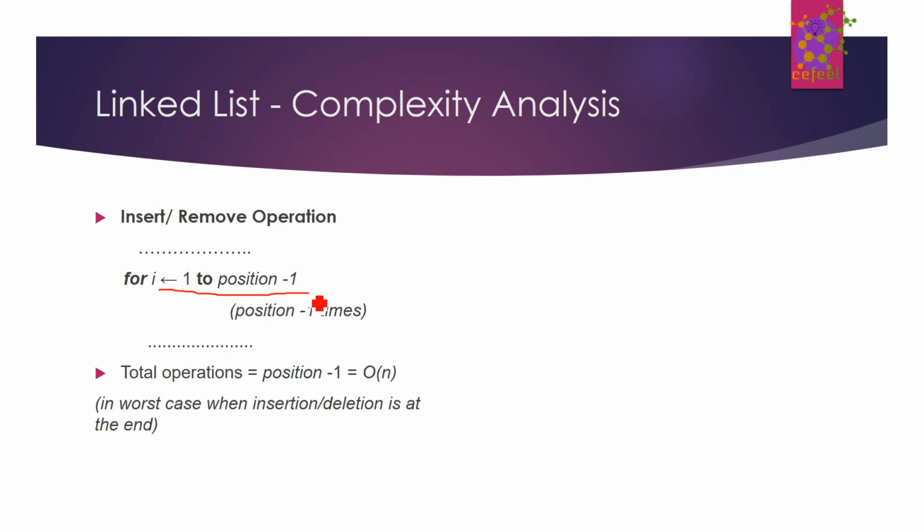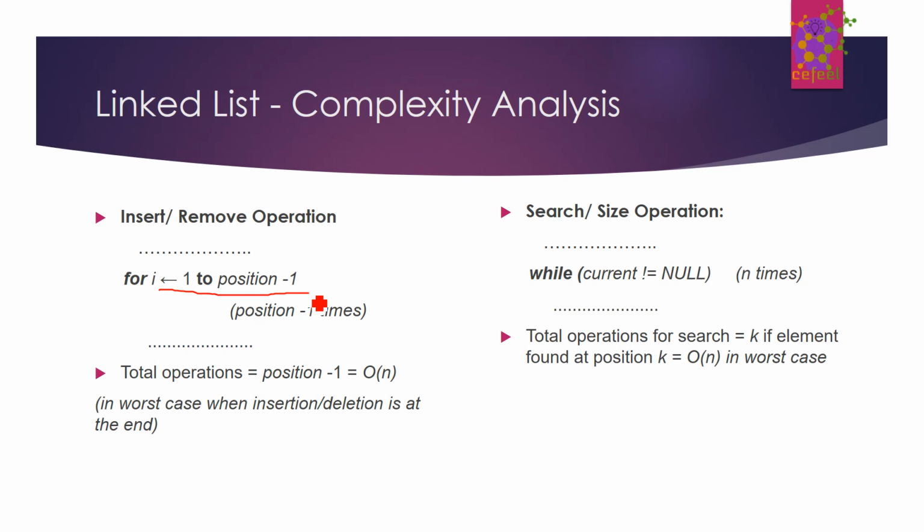Now similarly for the search and size operations, which were pretty similar, we had a while loop, and the while loop ran n times, which means the total length of the list. In case of search it stops if we have found the node. If we have not found it, then it is n times.